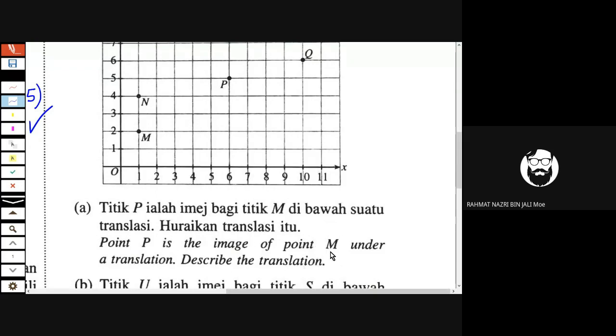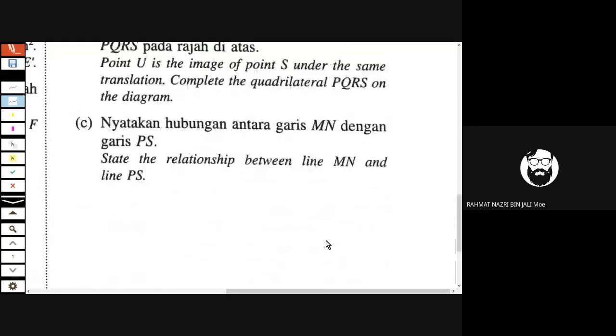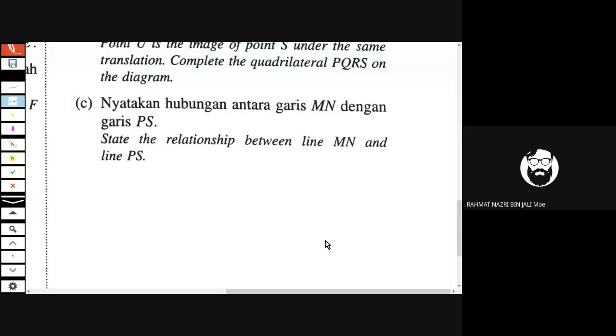Describe the translation. P is the image of point M. Under what translation?